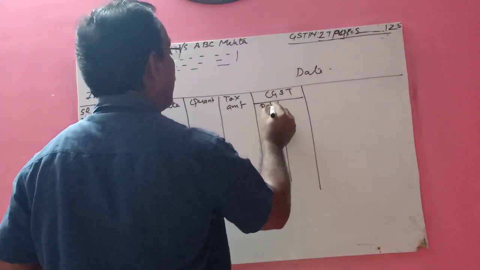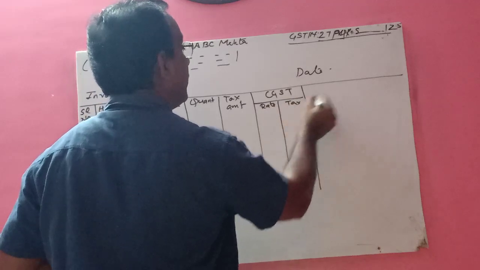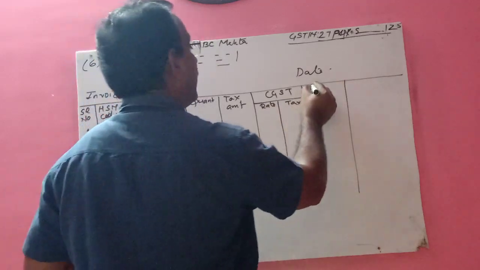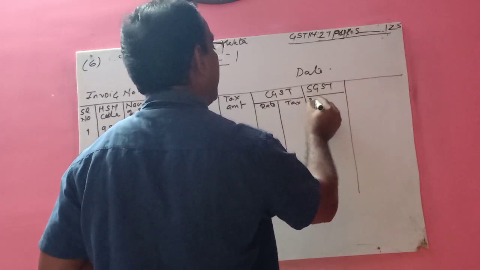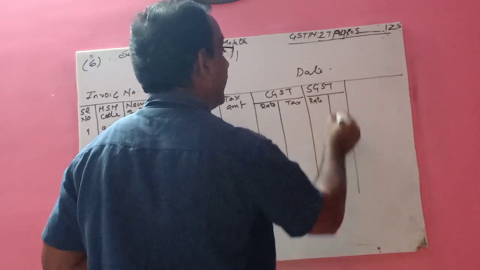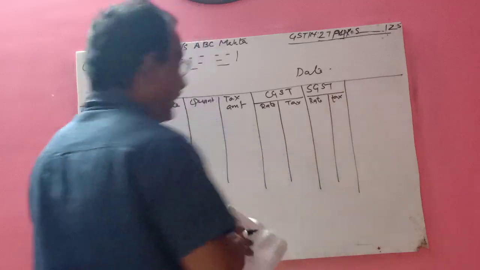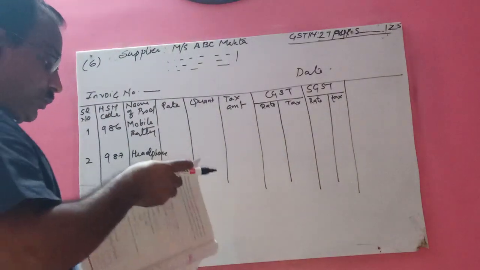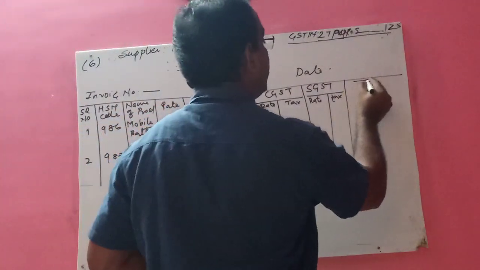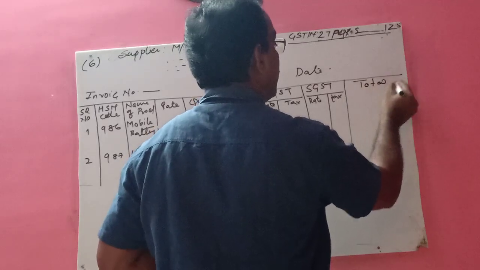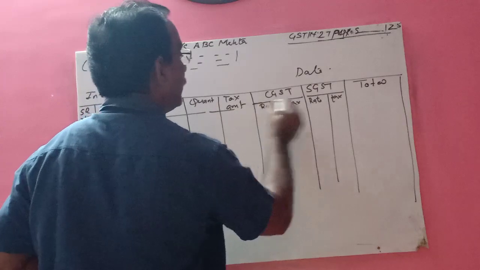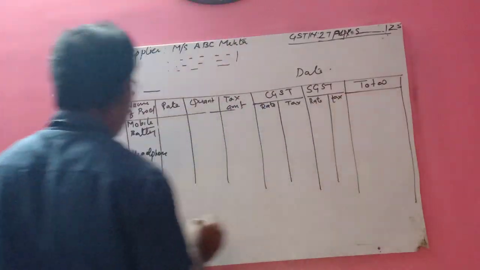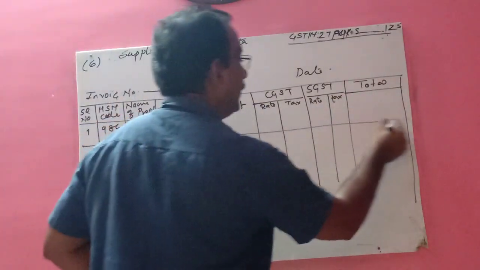Like that we have here SGST. This also has rate and tax. After that we have total. Final is total. This way you will write. You will make the columns.